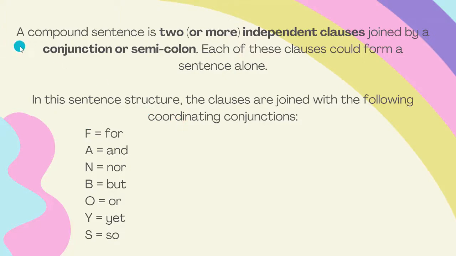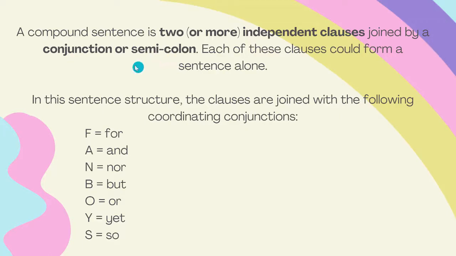Let's see the compound sentence first. So we have already discussed simple sentence, which is also an independent clause, right? Now, a compound sentence is two or more independent clauses, so it's more than one independent clause joined by a conjunction or semicolon.